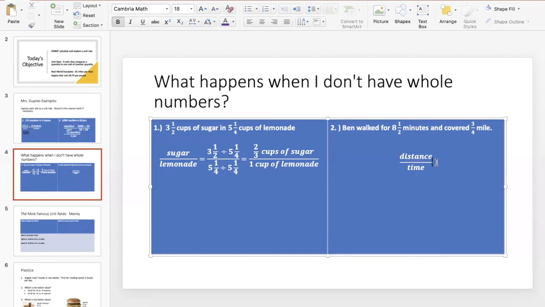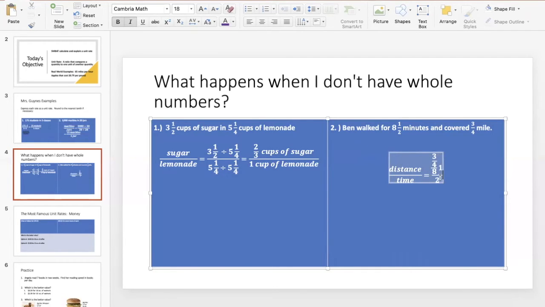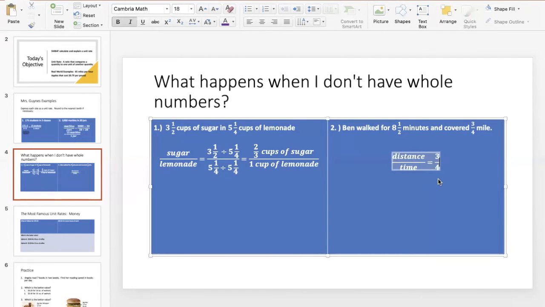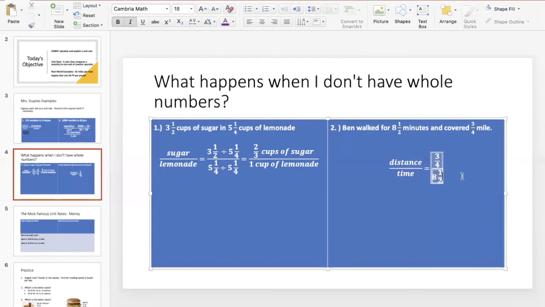In this case, it's going to be distance, which is 3/4, over 8 1/2.